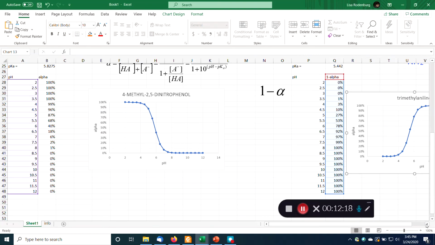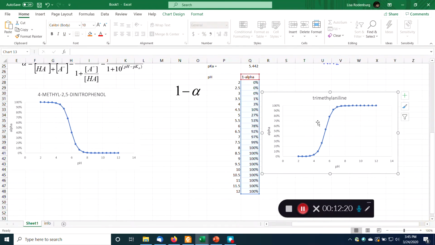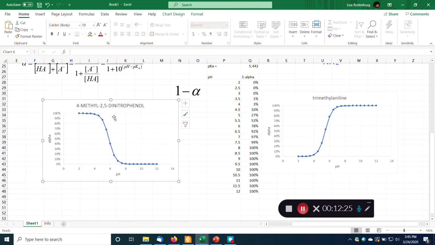Okay, so again, the point is that in both cases, we're plotting the fraction that is in the neutral form. But because this is an acid, most of it is in the neutral form at low pH when there's plenty of protons around to protonate the acid and leave it in its neutral form. And then as the pH gets higher, there's not as many protons around, there's a lot more hydroxide, so the hydroxide pulls off the proton and leaves you with a negatively charged conjugate anion.